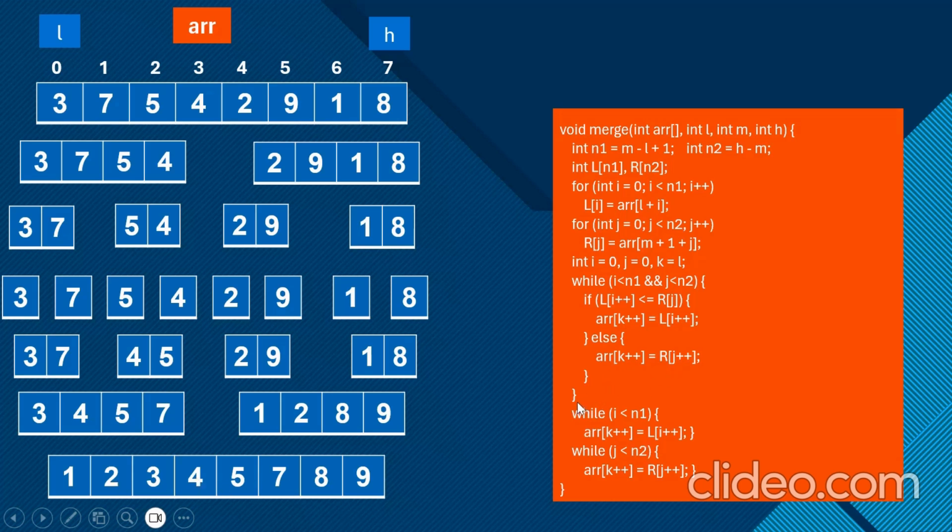So this while loop would end when one of the subarrays would expire. That means there are no more elements to compare with, right? So when one of the arrays is expired, that means there are no more elements, then we'll put the remaining elements into this array. It can be either the left subarray or the right subarray, right? So that's about it.